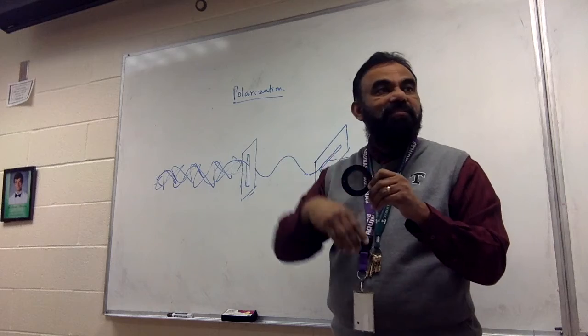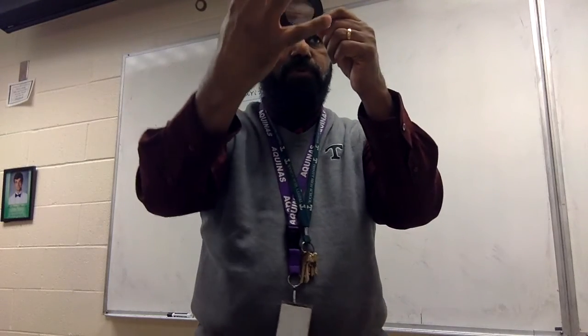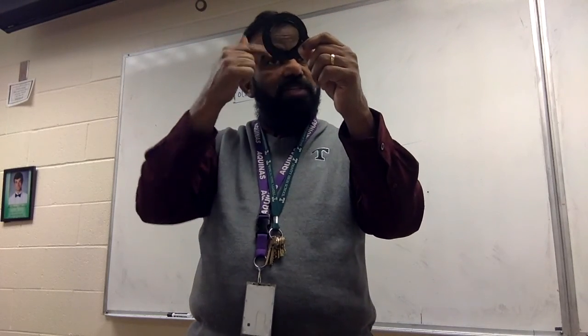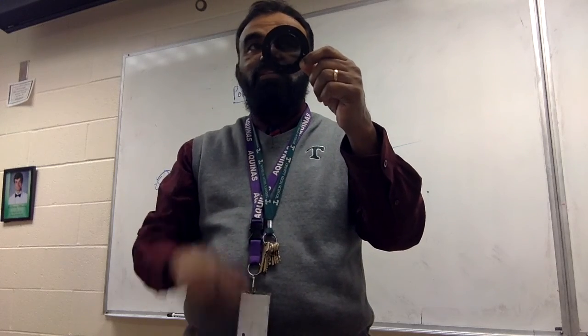It's already restricted. When I'm looking at you, ordinary light is bouncing off you, coming through it, and what is coming to my eyes is only one way polarized. Do you get it?